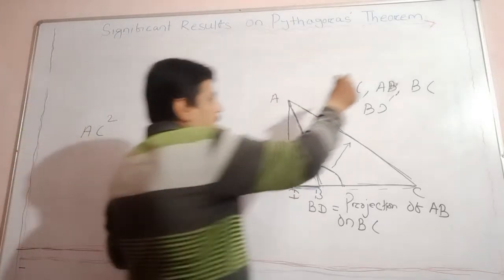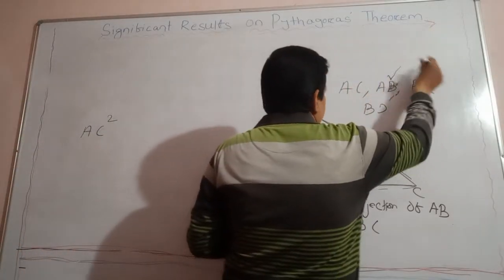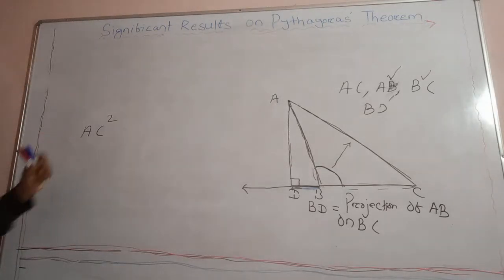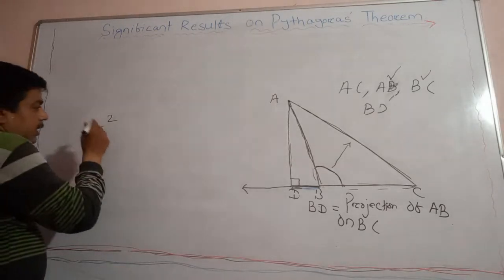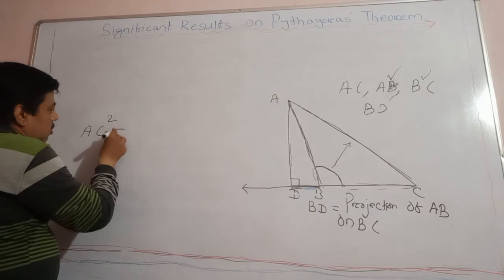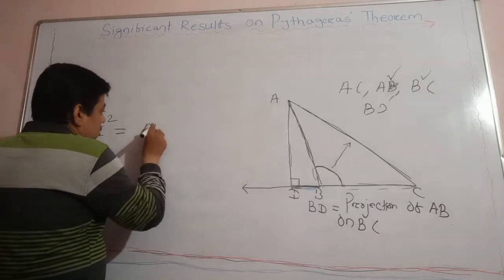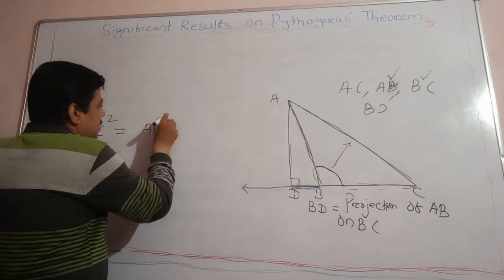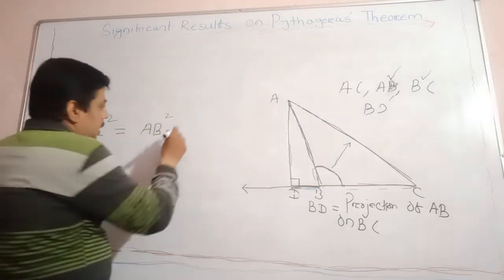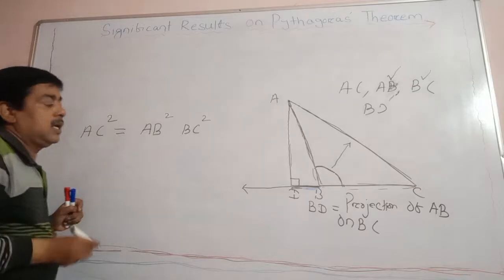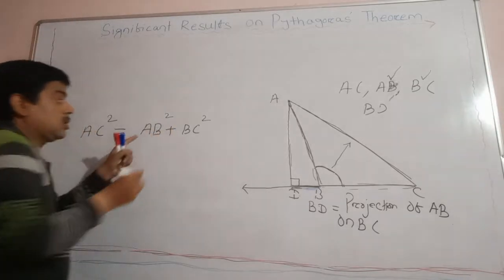What are the other two sides? The other two sides are AB and BC. So in an obtuse angle triangle, the square of the side opposite to the obtuse angle is equal to the sum of the squares of the other two sides. The square of AB is AB square, and the square of BC is BC square.